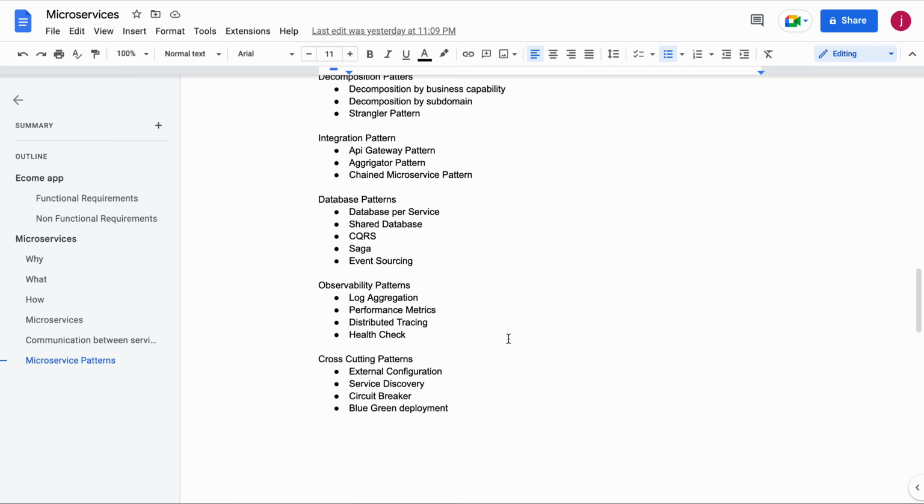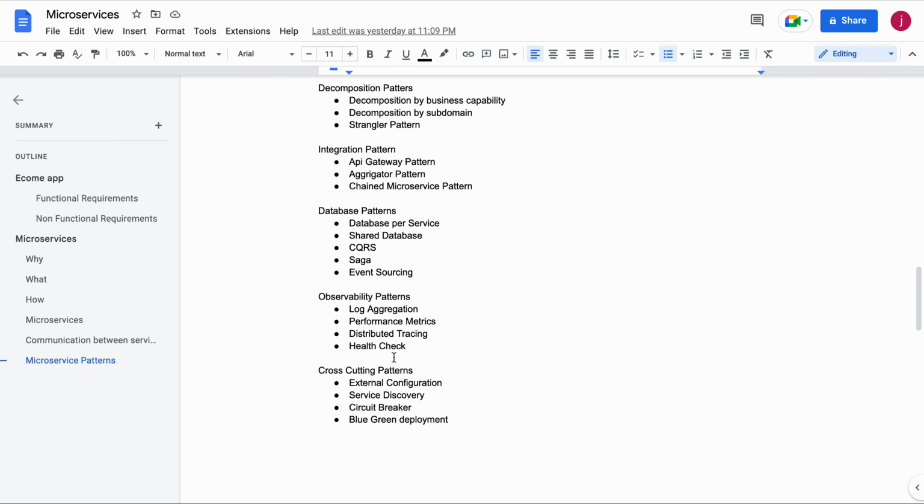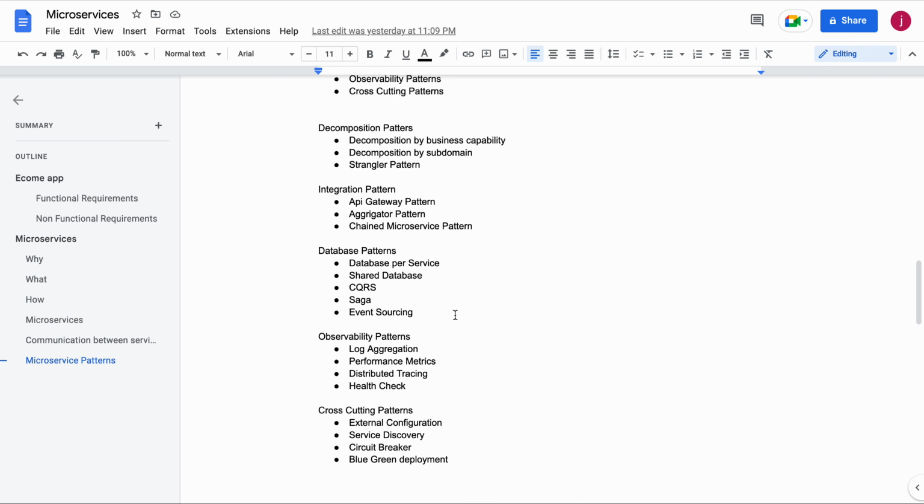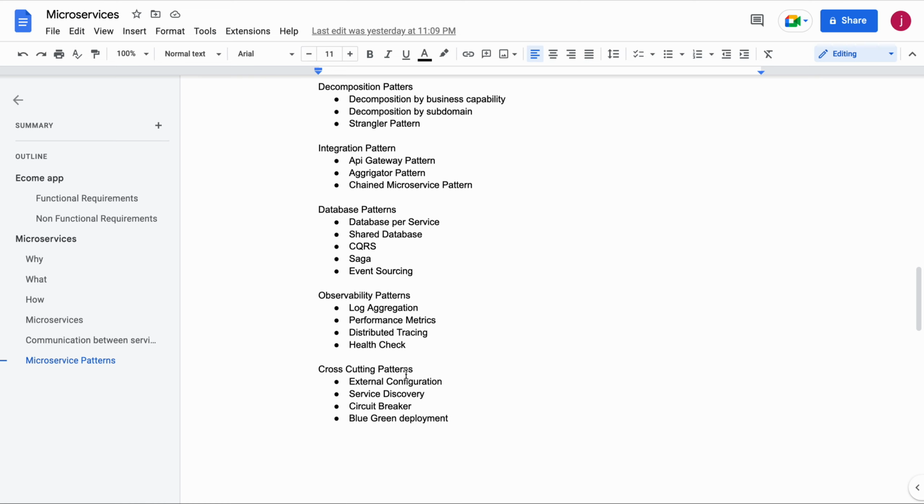Then there is the health check part, which is used for health: there is a health endpoint for services. So these are all patterns that we would require for certain things, and there would be multiple more patterns as well. And there are some cross-cutting patterns that are required across all the applications.